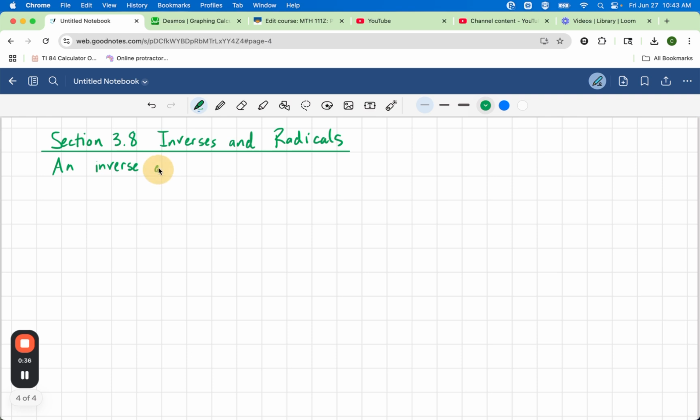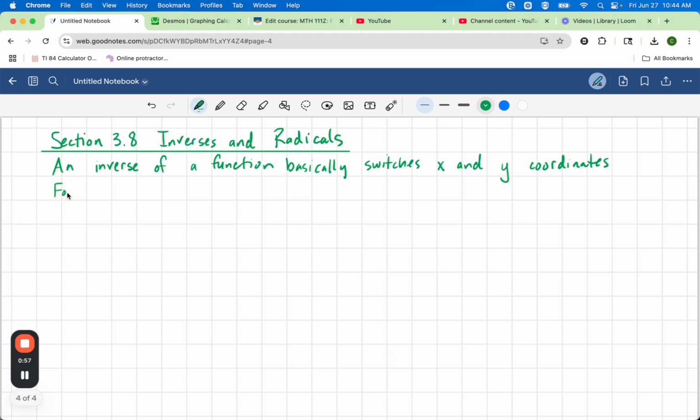Okay. An inverse of a function, and this is a reminder from section 1.6, basically switches x and y coordinates.